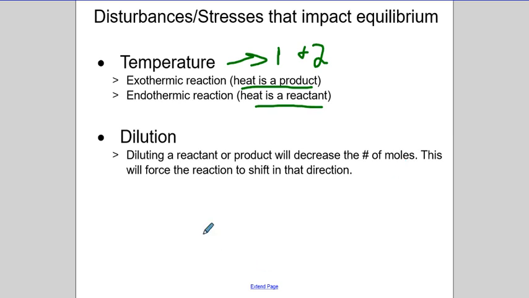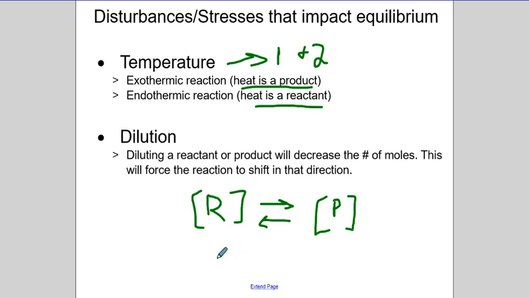So if we have reactants and products, again, anything in brackets means concentration. Wow, that's not the greatest writing on my part, but so we have this system in equilibrium.